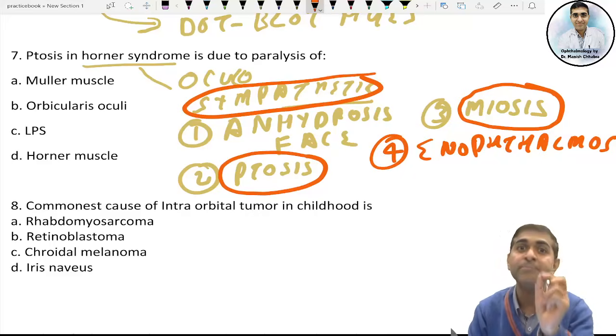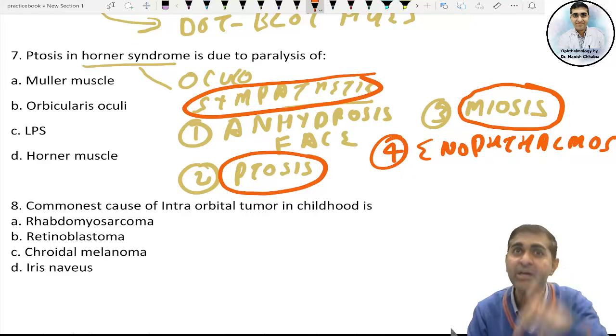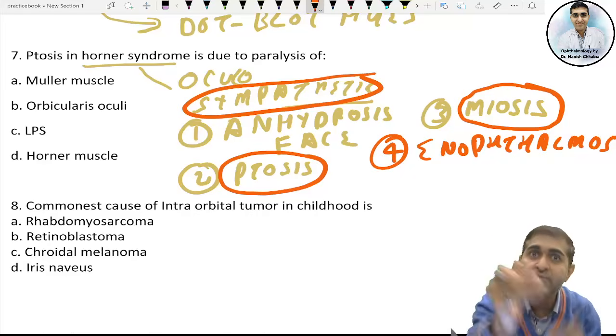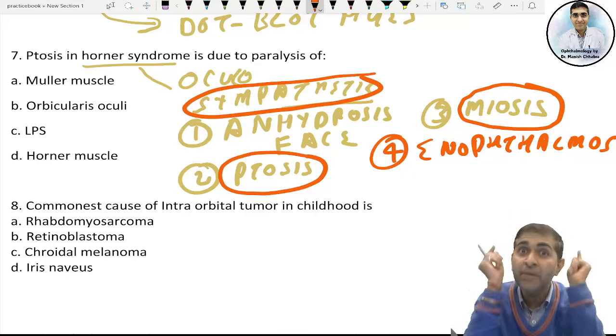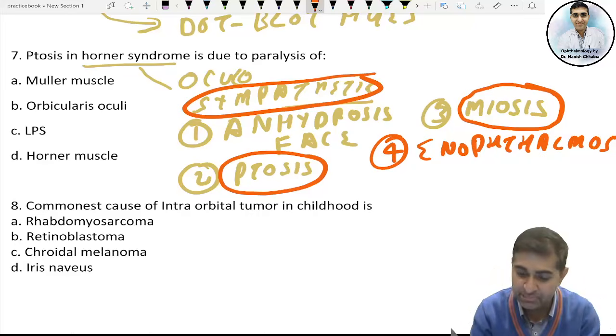No, levator palpebrae superioris is supplied by the third cranial nerve, the oculomotor nerve, which is parasympathetic. But here we are talking of a sympathetic nerve which is damaged, and it is supplying another muscle present in the upper eyelid. And boys and girls, that muscle is Muller's muscle.